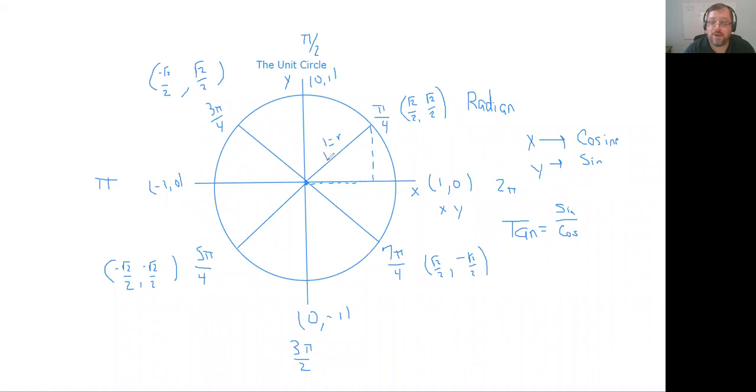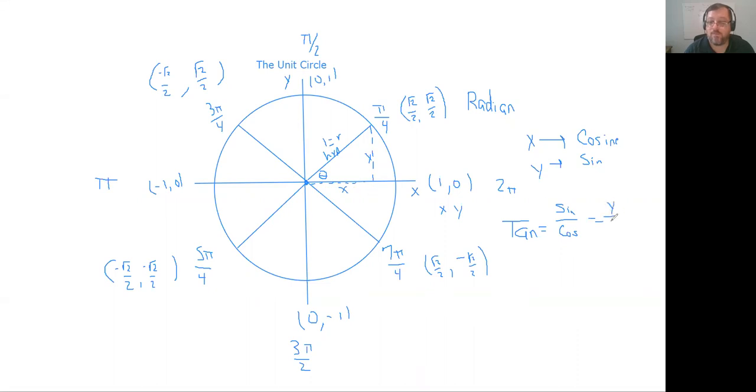And this is the hypotenuse, right? And this is the angle. Now, this is y, this is x. So what is the tan of theta? Y over x. Opposite over adjacent.